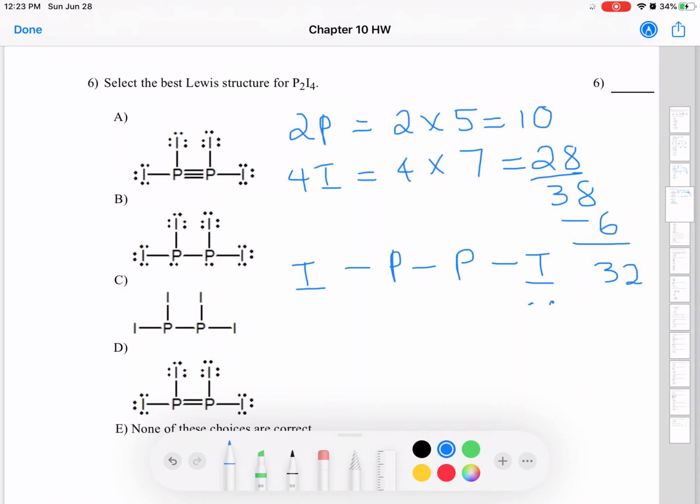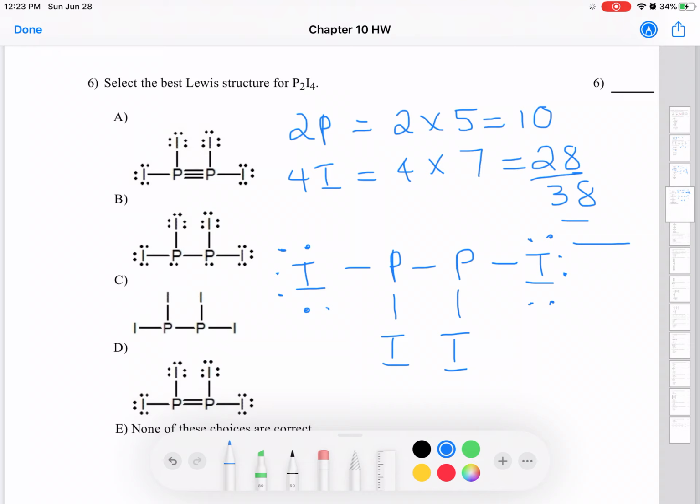Now you're going to put lone electrons. We put 6 there, 6. And then you're going to put, oh, I4. I'm missing 2 more iodine. Okay, let's change our electron count. So now for the bonds, how many have we used up for the bonds?